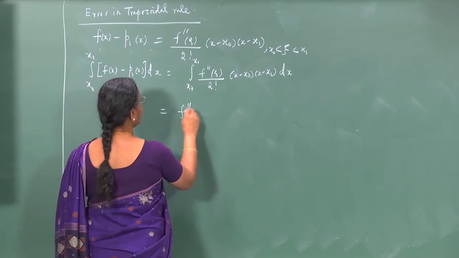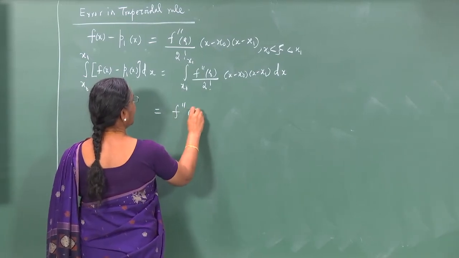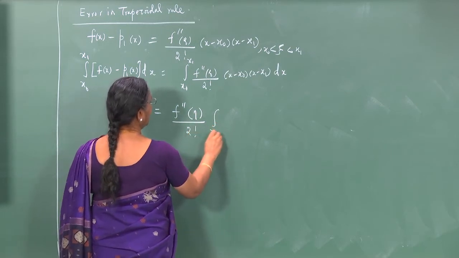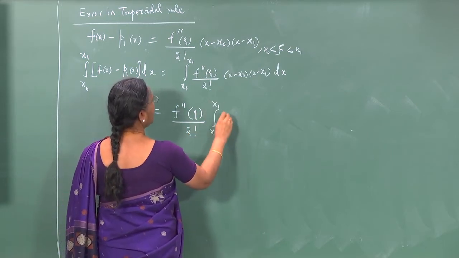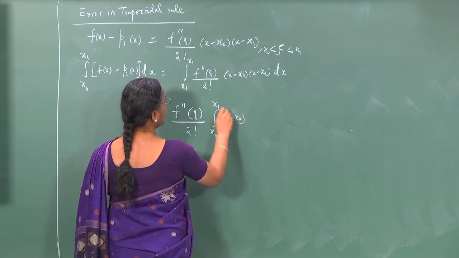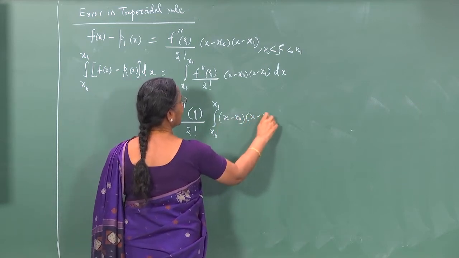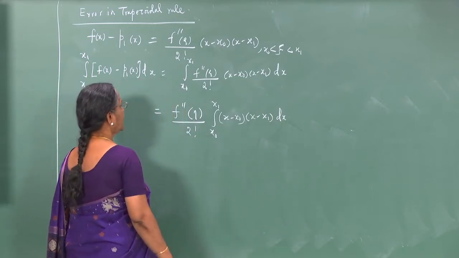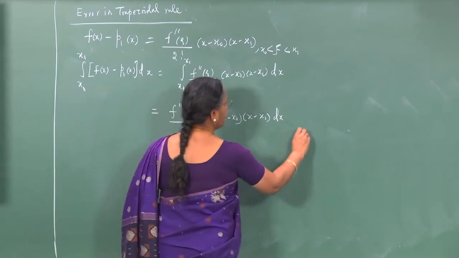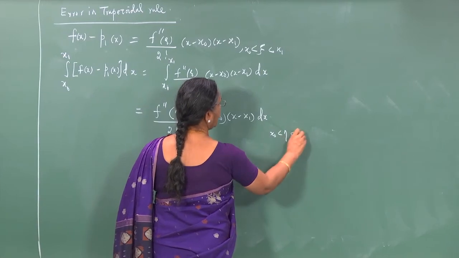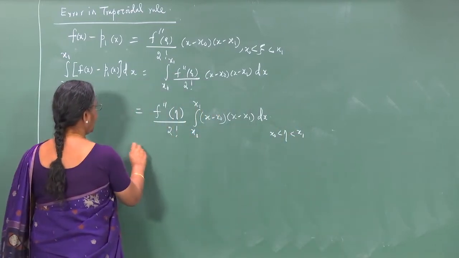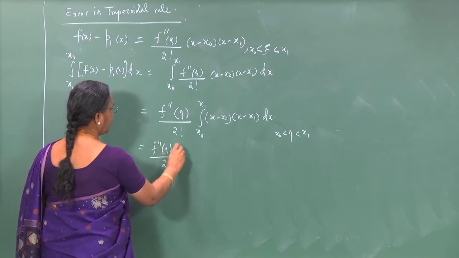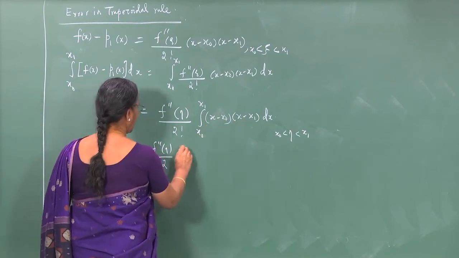So, by using mean value theorem for integral calculus, we have f double dashed at some eta by 2 factorial into integral x0 to x1 x minus x0 into x minus x1 into dx. So, eta is now in x0 to x1. So, this will give you f double dashed at eta by factorial 2 into, let us evaluate this.